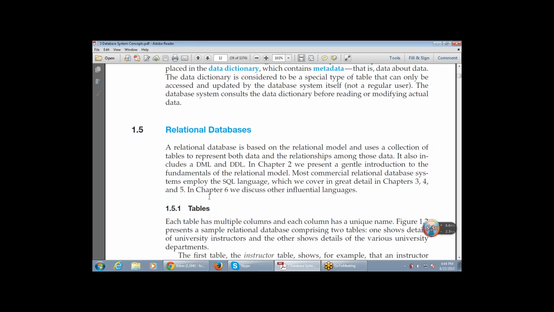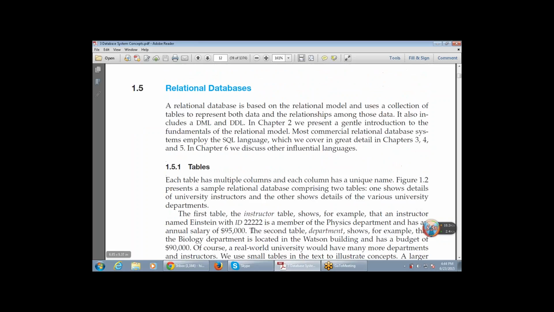It also includes a DML and a DDL, that is the data manipulation language and the data definition language. Now, there are multiple chapters given on the relational model, examples, integrity, and the various languages.